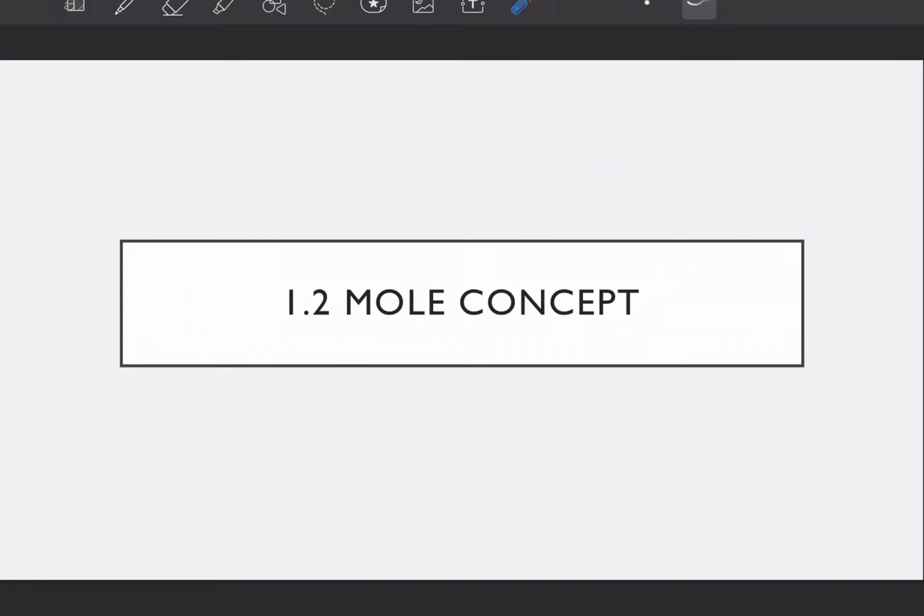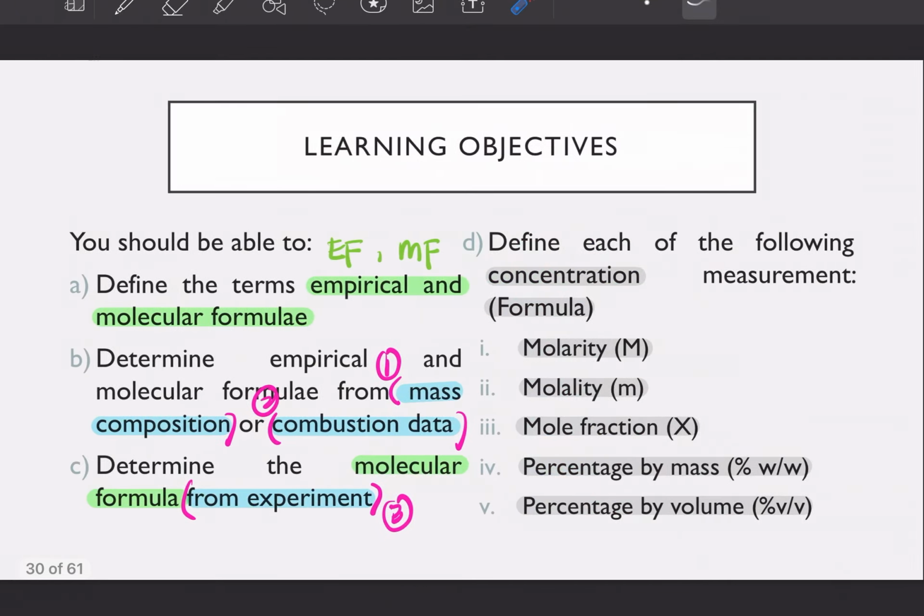Alright, so for this subtopic, we are going to refresh a few things that you have learned before and go into newer concepts. There are a lot of calculations for this chapter. Our learning objectives for 1.2 are firstly to define the terms empirical formula and molecular formula. You're familiar with this.